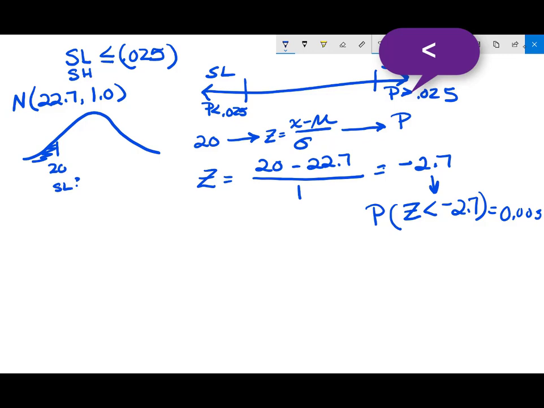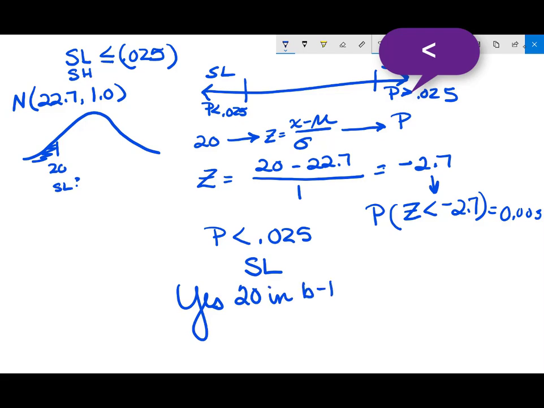Okay, so this is less than 0.05. So since my probability is less than 0.025, then this is significantly low. So yes, 20 inches back to knee length is significantly low.